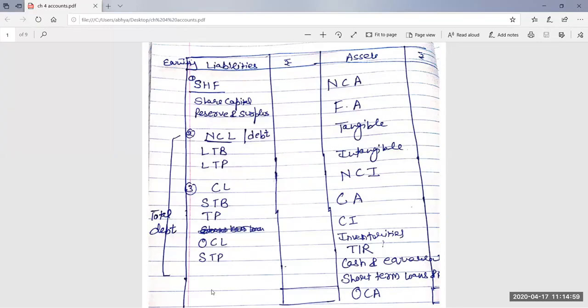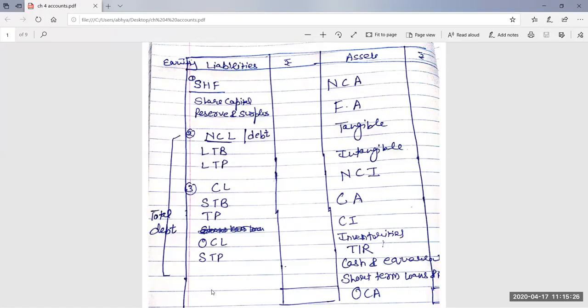Second major head, non-current liability. You have to learn all the alternate names which I'll be telling, because in a numerical question any alternate name can be given. Non-current liability, the alternate name is debt. Earlier we were studying 4 subheads.